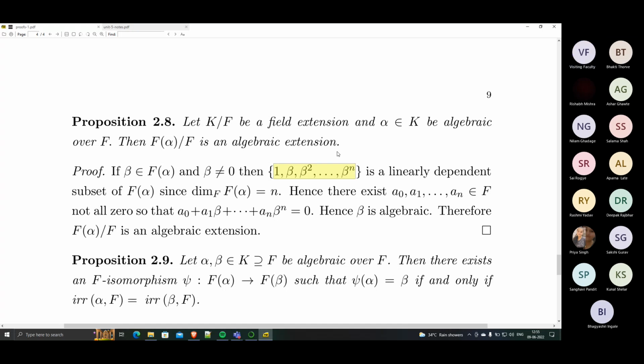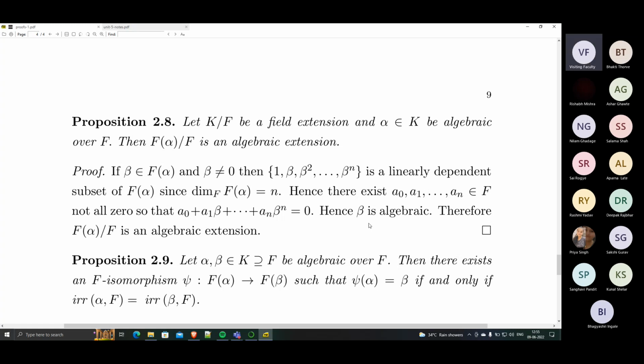So there exist some scalars a0 to an, not all 0, such that the linear combination is in fact equal to 0. But since the scalars are not all 0, this gives us a non-zero polynomial. And you can just divide by the leading term and you get a monic polynomial of degree less than or equal to n, which vanishes at beta.